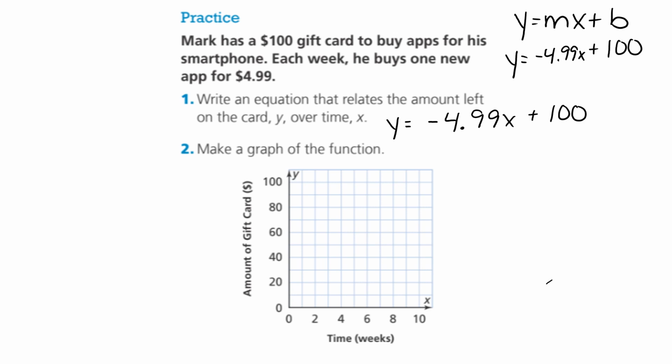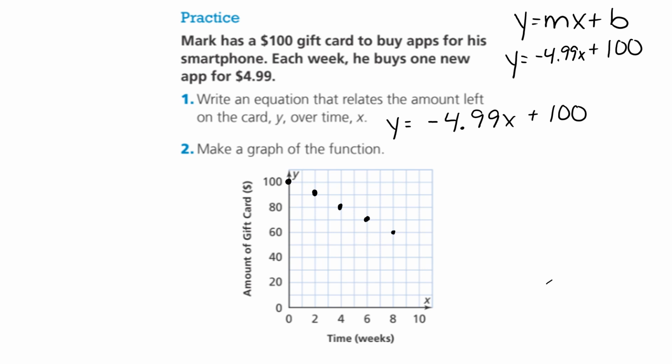So for our graph, we would go ahead and graph our y-intercept first. So we would put our point at 100. $4.99 for each week would bring us to about $10 for week 2, and then $10 more for week 4, $10 more for week 6, $10 more for week 8.